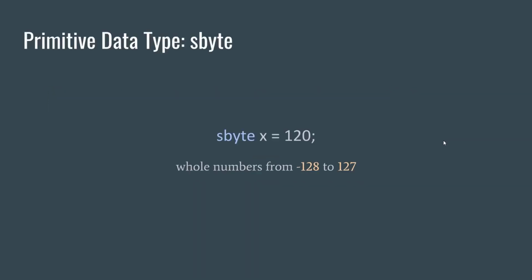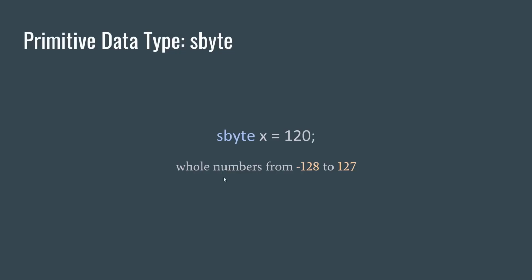Primitive data type sbyte. So sbyte, in this case, we say we create a variable called x, and it's going to be of type sbyte. And we assign a value, let's say 120 to it. Now, sbyte is a short byte, which is a very, very small piece of data. And it will only require very little storage.